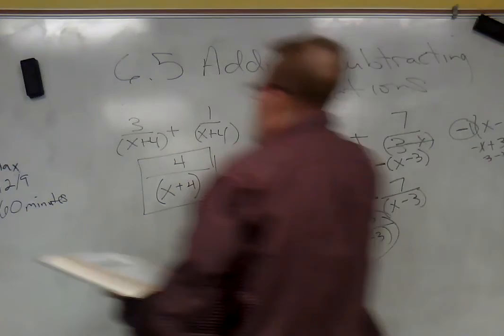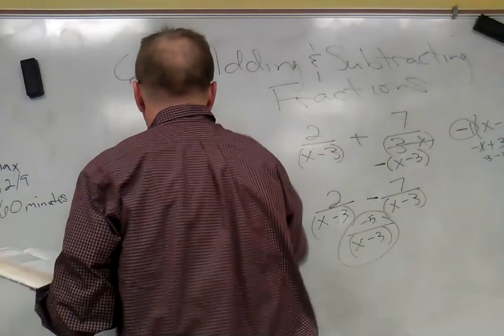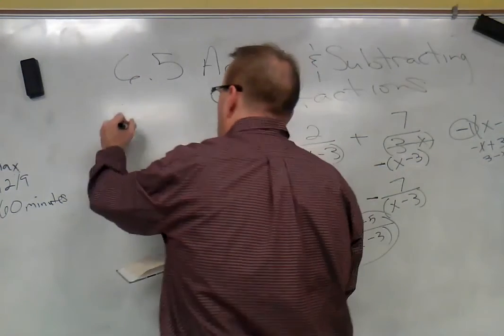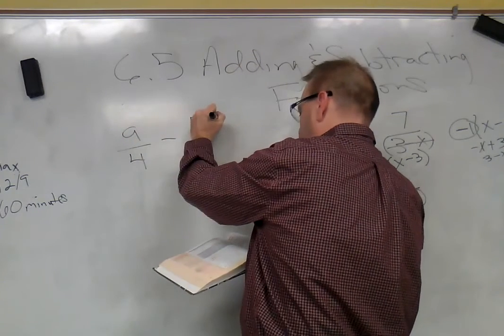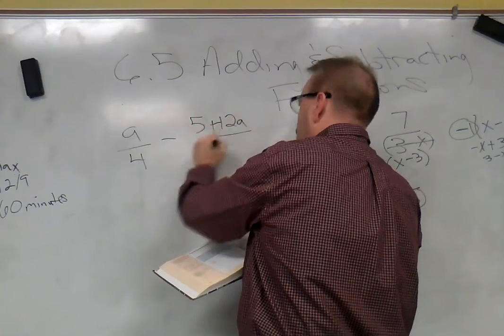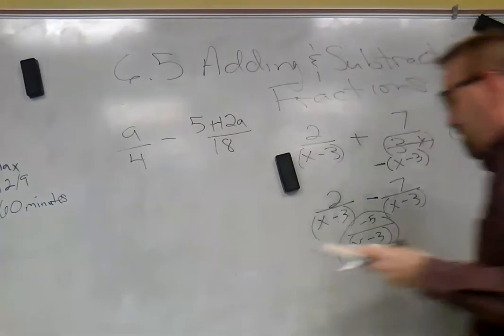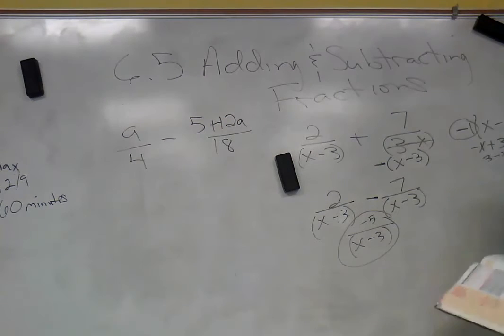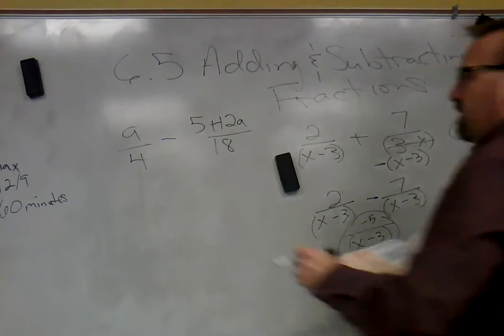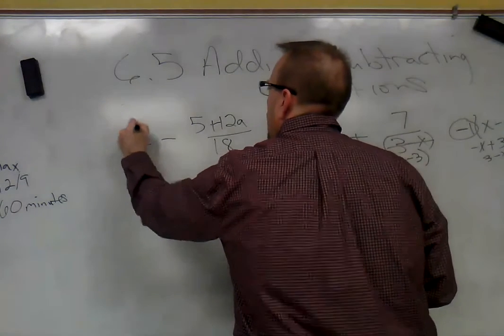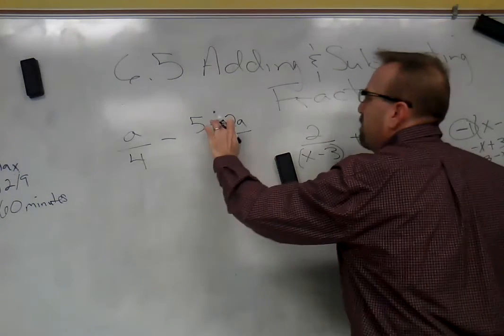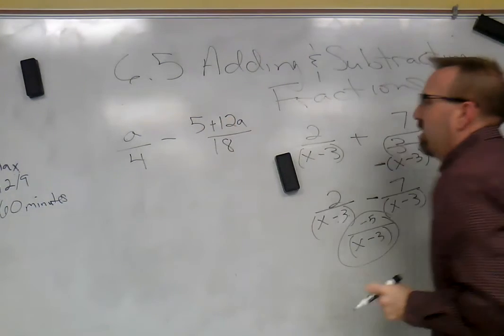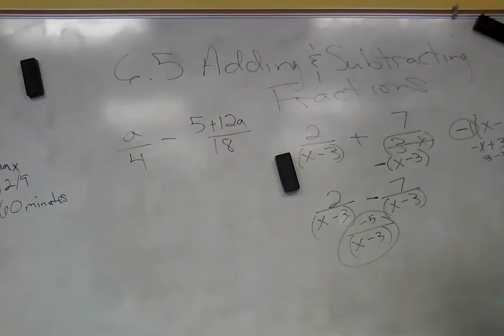Okay, a couple where we need to get a common denominator. Tomorrow, again, like I said, they'll be a little bit more involved and more difficult. Today it's getting the feel of how to work these. All right. So we have A over 4 minus 5 plus 12A over 18, excuse me.